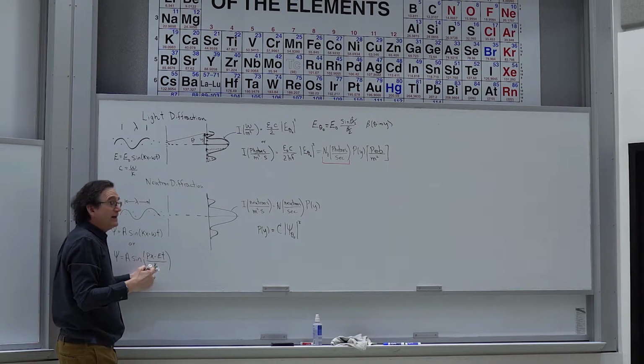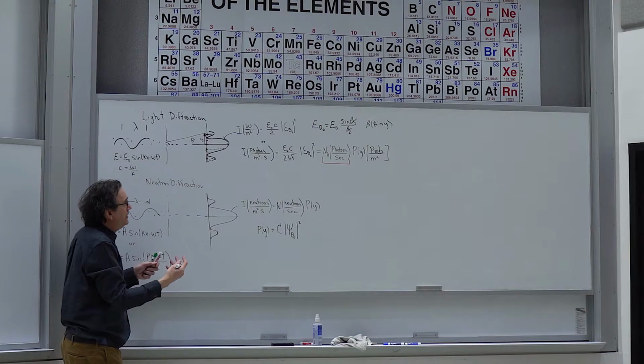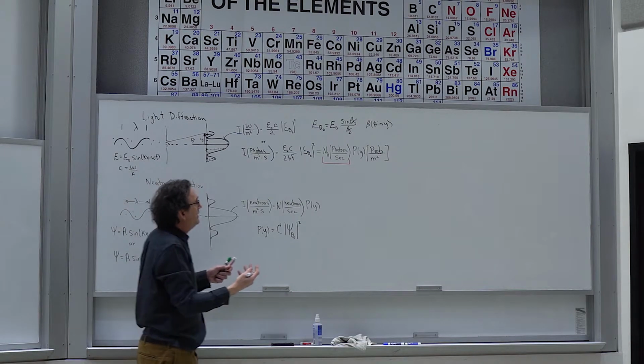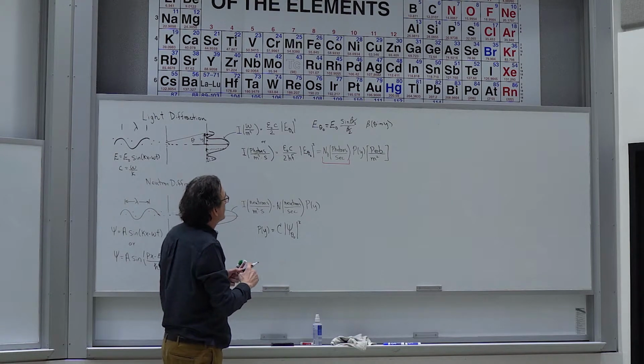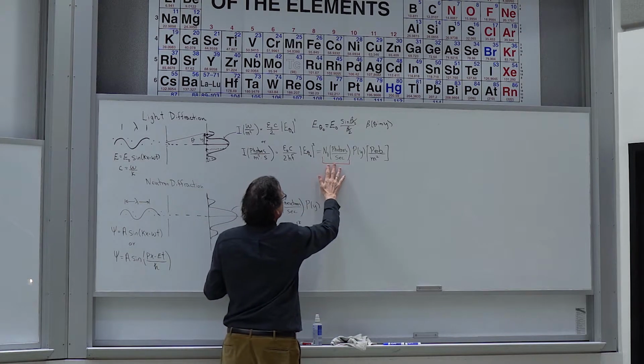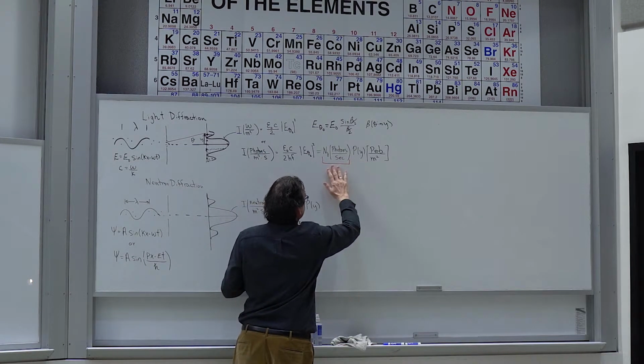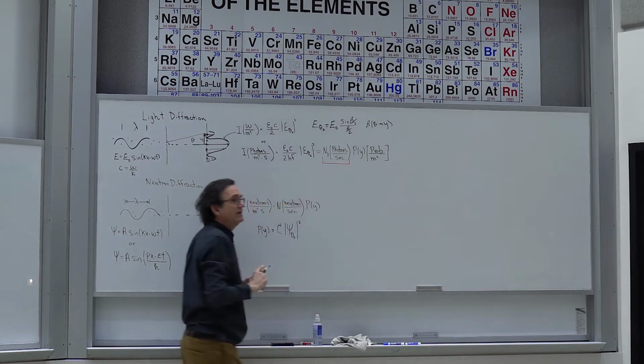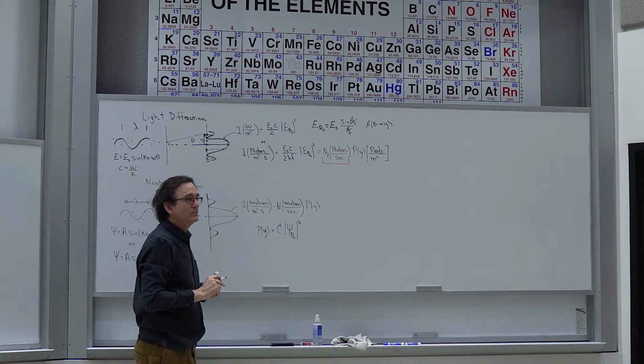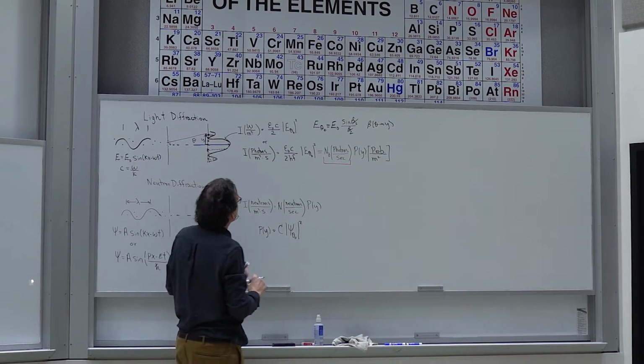I now have explained the intensity pattern in terms of the particle property, which is the number of photons per second coming through the slit, times the probability that a photon lands at some location y.